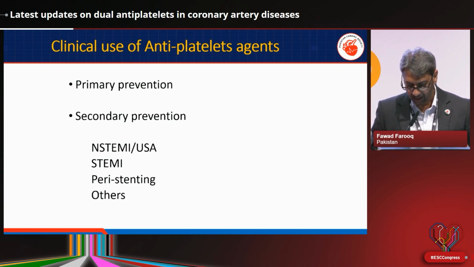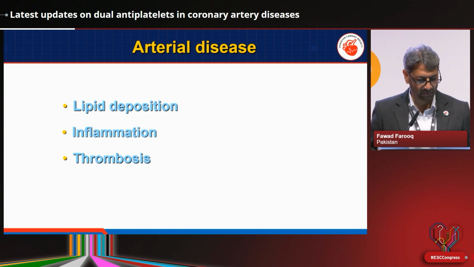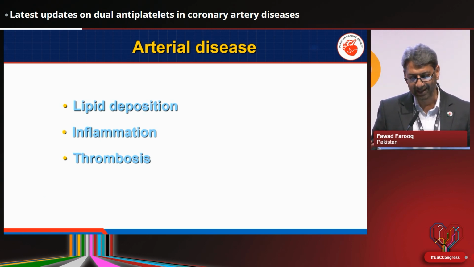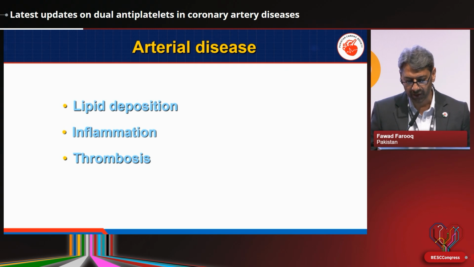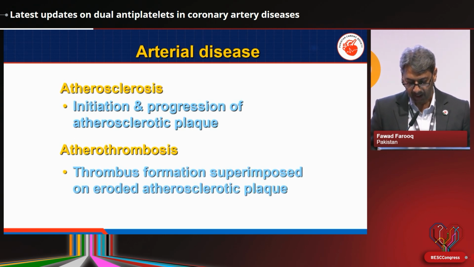And along with antithrombotics, a lot of our patients may need anticoagulants as well, so how do we manage all these together? Just starting with the background, we know the disease starts in phases: atherosclerotic disease like lipid deposition, inflammation, and ultimately thrombosis, which brings your patient to an event in different categories. If it involves the brain, you can have a stroke; the heart, then non-ST and ST elevation MI.